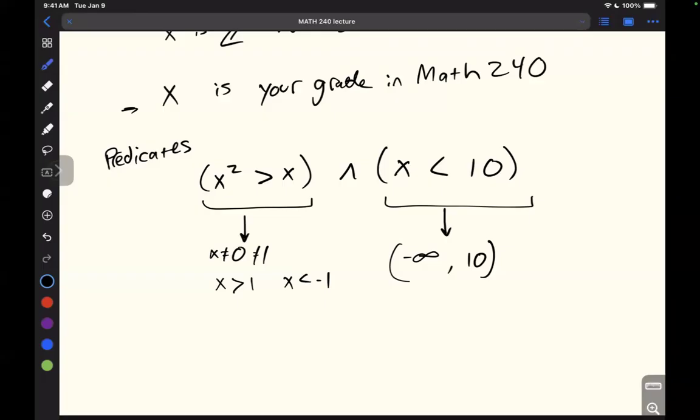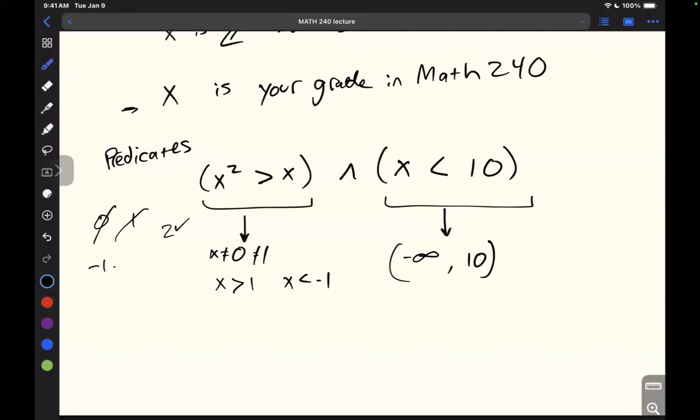Okay, so 0 squared is not greater than 0. So 0 is disallowed. 1 squared is not greater than 1. 2 squared is greater than 2. 3 squared is greater than 3, and so on.